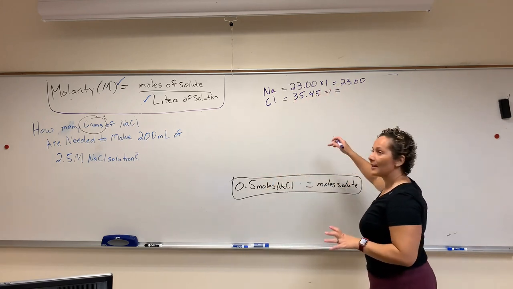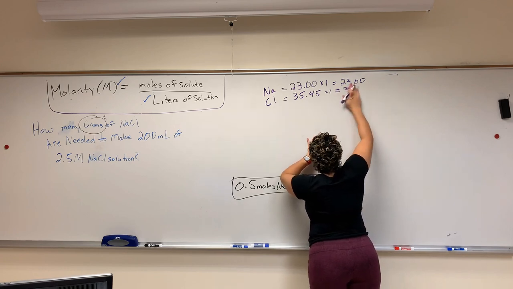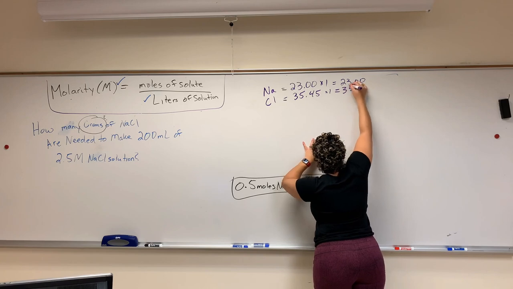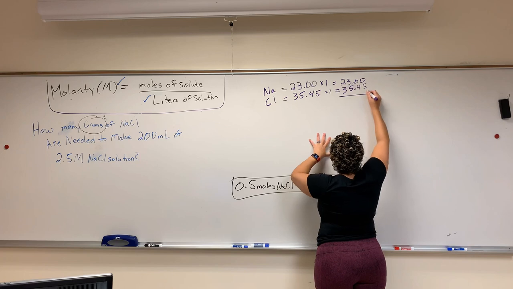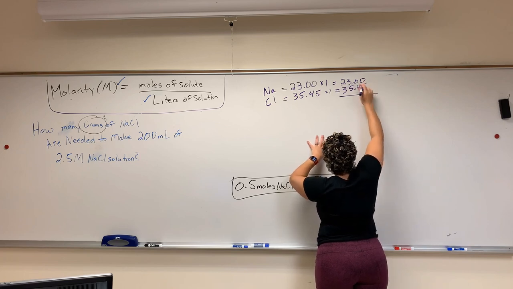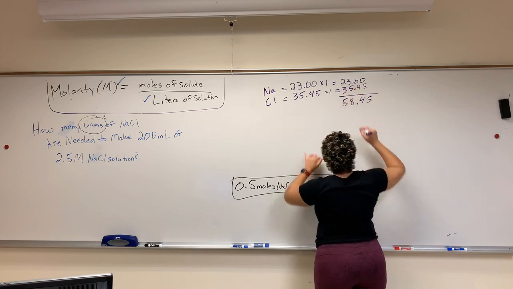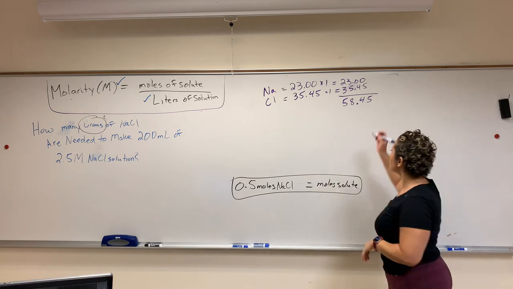Yeah, I still have bad habits. 35.45, let's make that prettier. Add them together: 0 and 5 is 5, 0 and 4 is 4, 3 and 5 is 8, 2 and 3 is 5, 58.45, and it has a label, and the label is grams per mole.